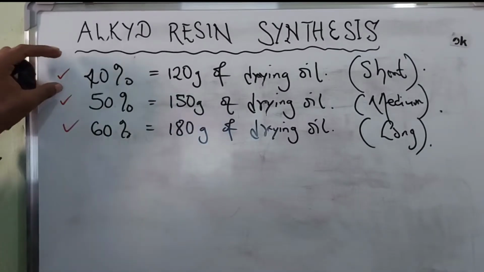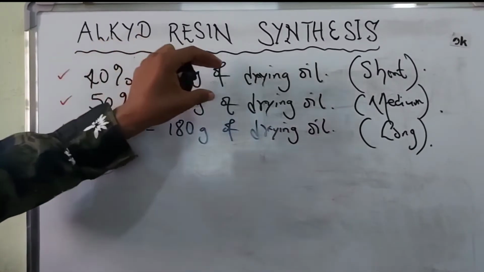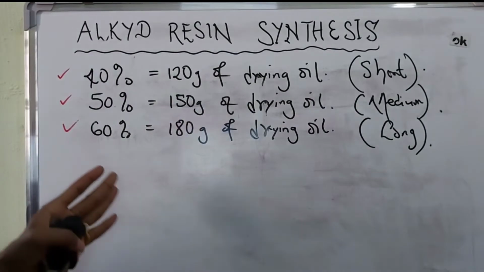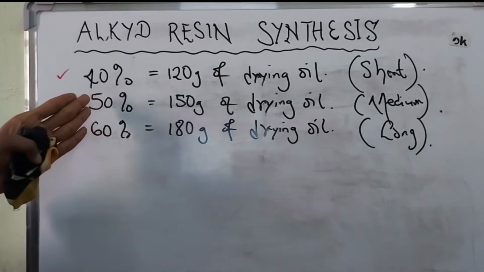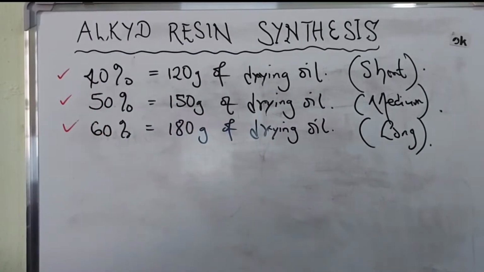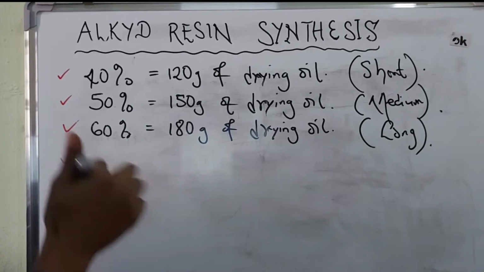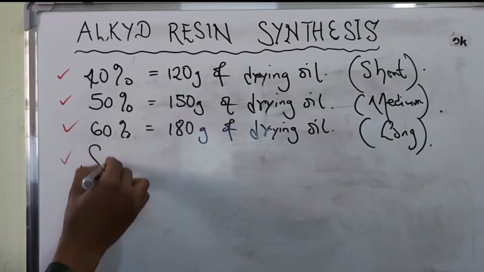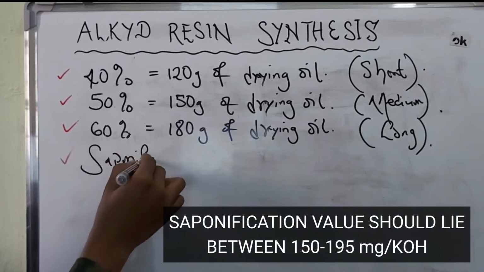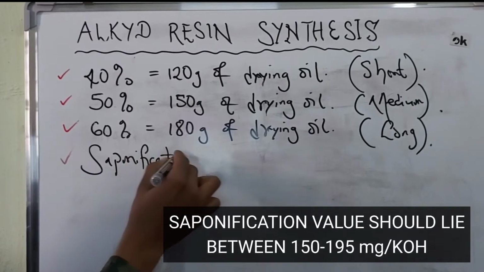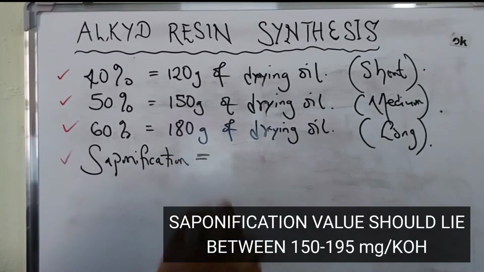I would be explaining how we're going to synthesize the 40%. The same method will be employed for the synthesis of 50 and 60% alkyd resin length. And bear in mind that my drying oil has a saponification value, very important. It should range between 150 to 195.